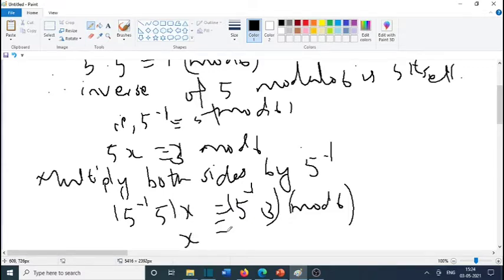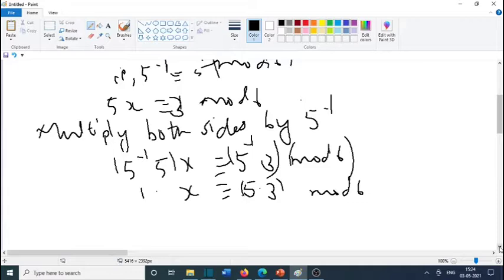So this is x congruent to 5 inverse, which is 5, into 3 mod 6. 5 into 3 is 15. So x congruent to 15 mod 6.